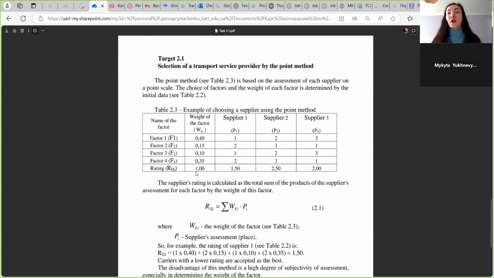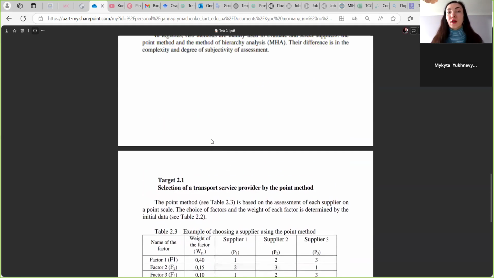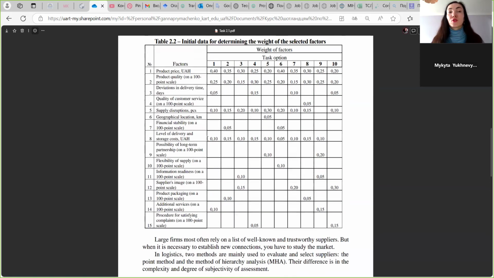100%. For every company, it is 100%, and every factor has some special parameter for what is more important for us. For example, for the first variant, the most important parameter is product price because it is 0.40 or 40%.